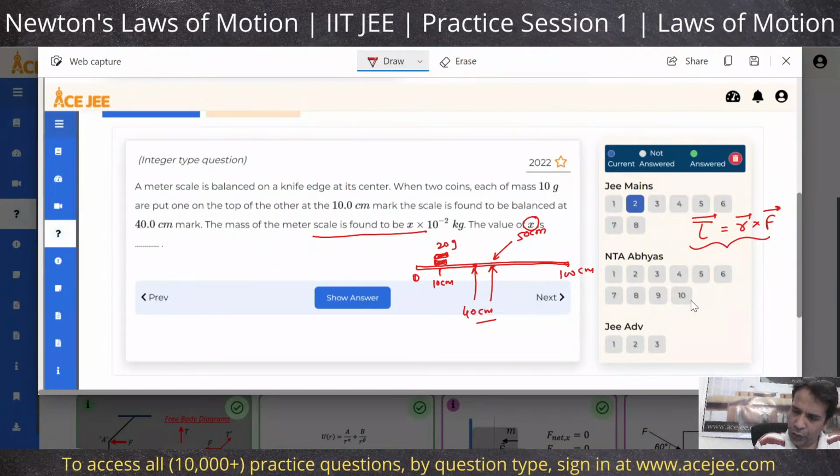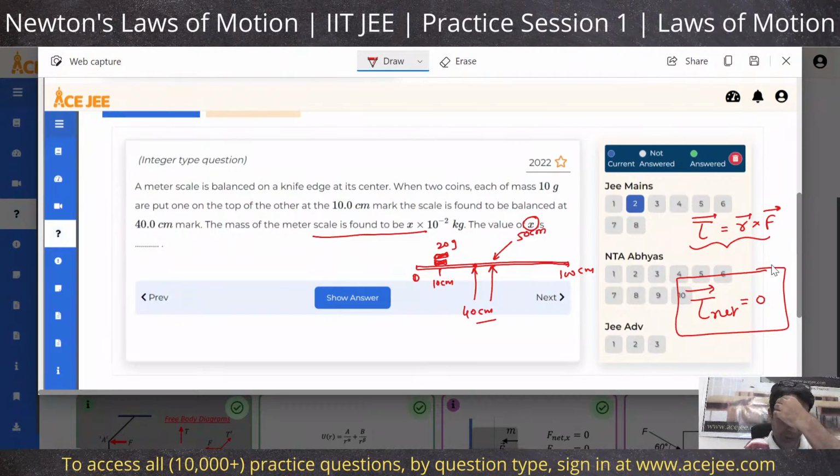The net torque should be 0. The definition of torque due to a force F about the point of interest or about the axis of interest is given by r cross F, r being the position vector from that origin or from that axis.